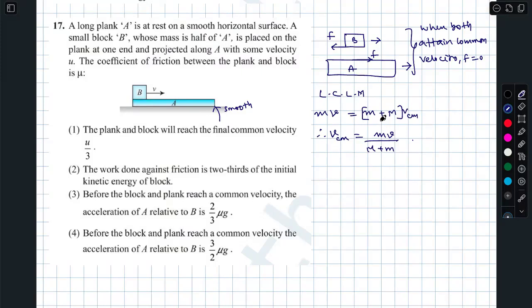It was also given that small block B whose mass small m is capital M by 2. If you substitute this, capital M by 2 by 3 capital M by 2 times V, so it will be V by 3. Therefore, the first option is correct.